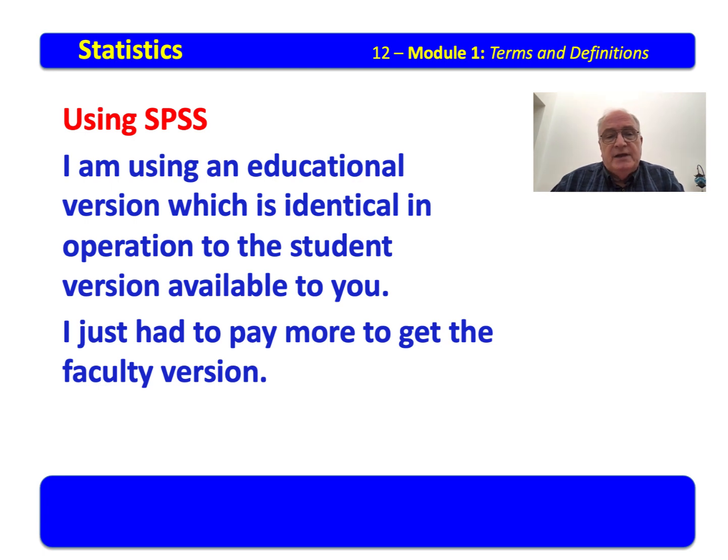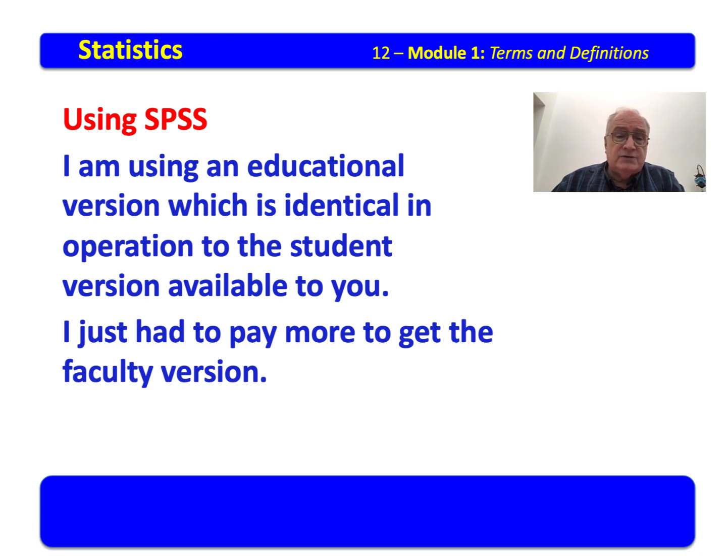So SPSS, you're able to purchase a student version. The version, if you choose to buy it, will be about $90, $85 to $95, somewhere in that neighborhood. But it's an annual license. You can sometimes get a 2-year license, which allows you to use it.